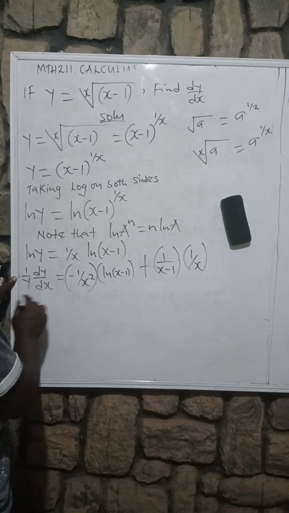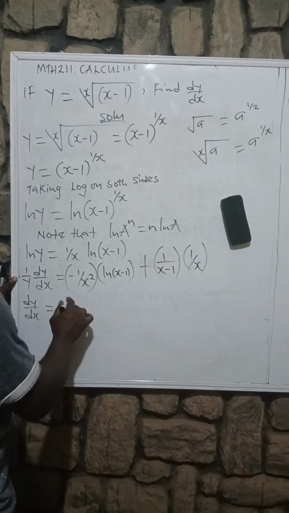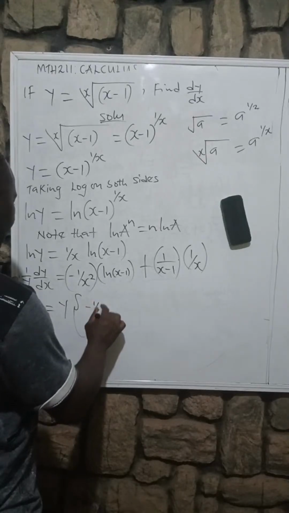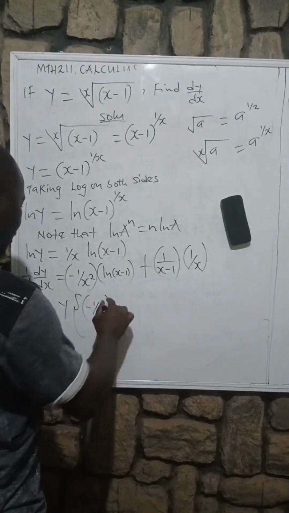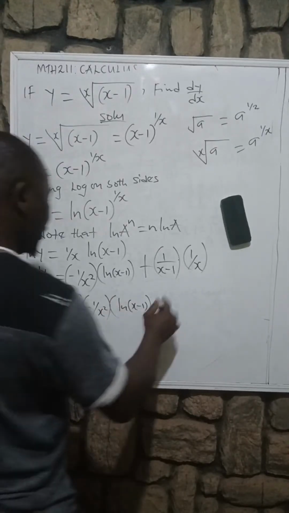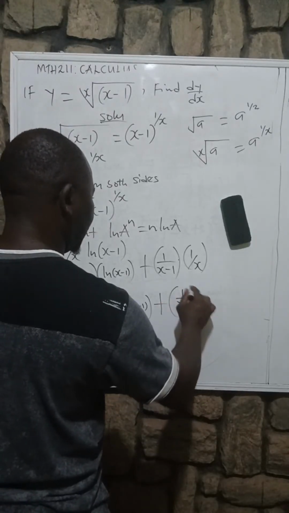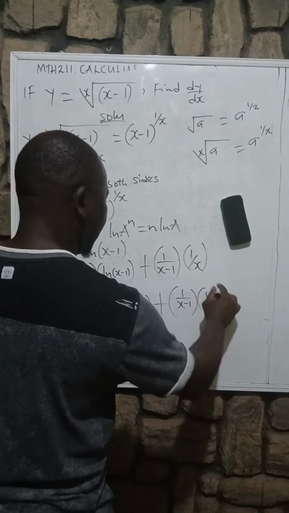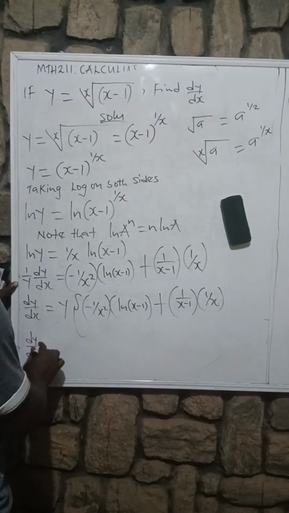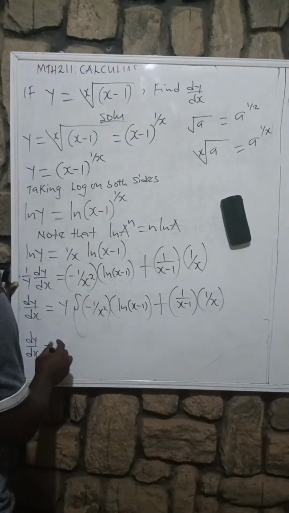Then we cross multiply, our dy all over dx is equal to y times (minus 1 all over x squared times ln of (x minus 1), then plus 1 all over x minus 1 times 1 all over x). Then our dy all over dx will now be equal to, what is y? y is this function, right?